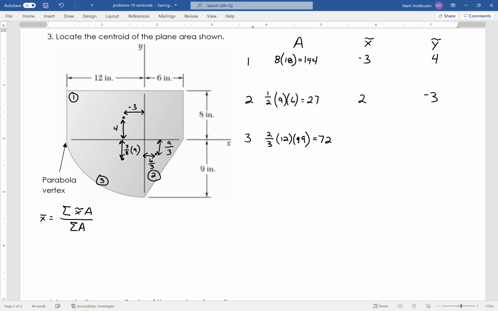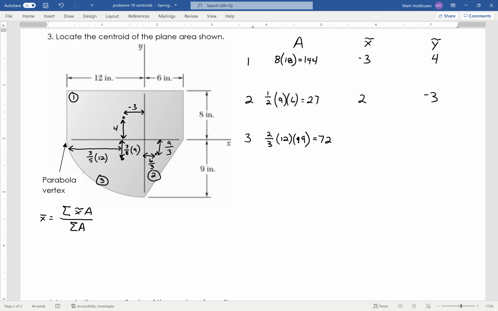The other thing I have is from the vertex to the centroid, that distance is going to be 3/5 times the 12. Again, you get this from the table in the back of the book. You just want to make sure you orient it correctly, know where the vertex of this parabola is, and figure out your distances based on the proper orientation that is in the book.